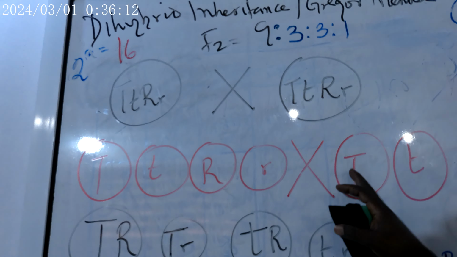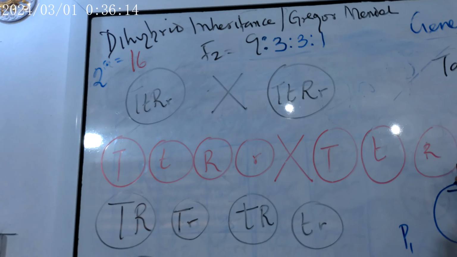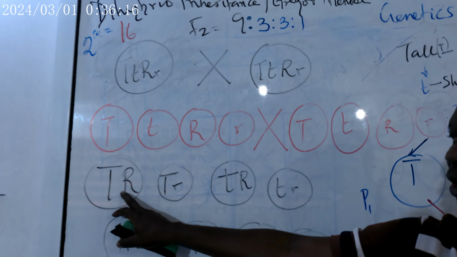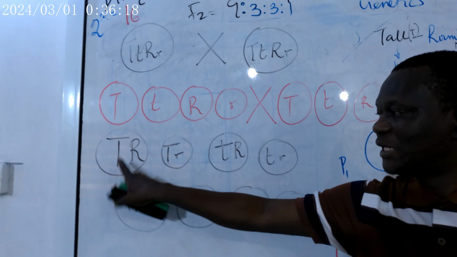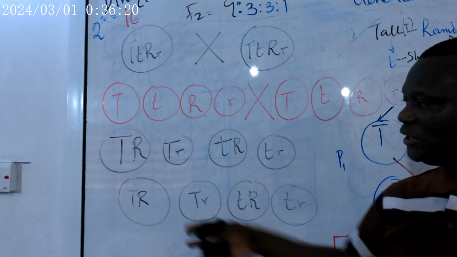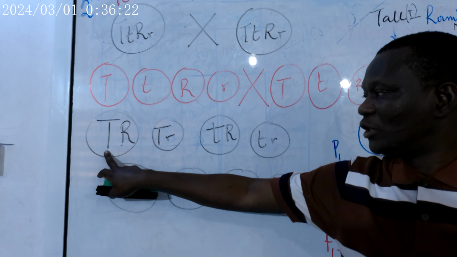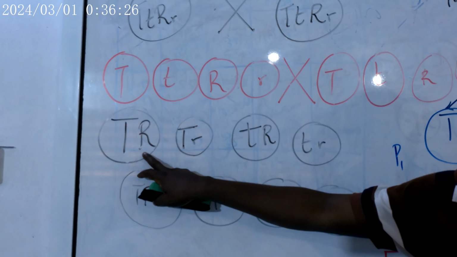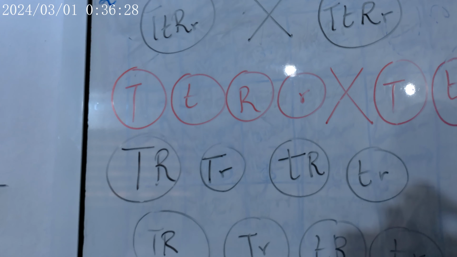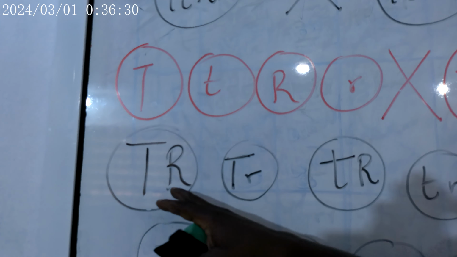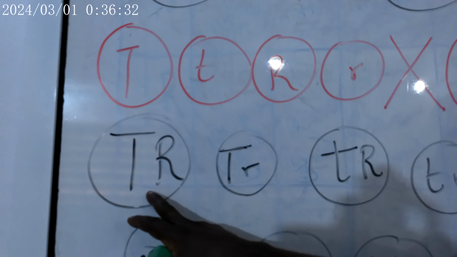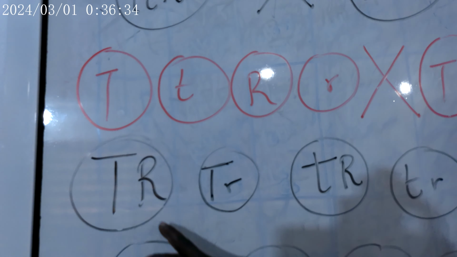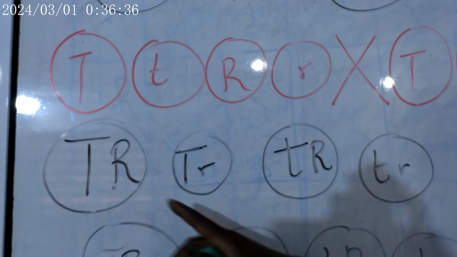At the end of the day, all these gametes will separate. The one that is responsible for tallness combines with the one responsible for roundedness, that is the shape. And don't forget that they exist in pairs, and that's why during the process of gametogenesis, this is exactly what is going to happen.